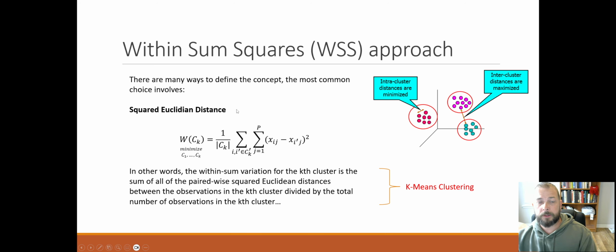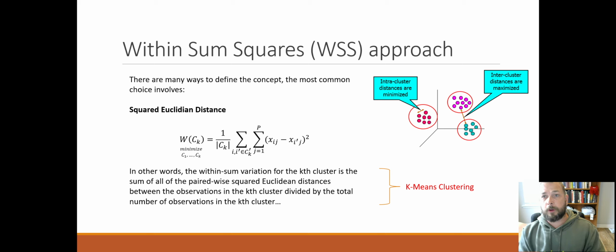There are a lot of different ways to define this concept, but the most common way is looking at the squared Euclidean distance. This is the equation for the squared Euclidean distance. In other words, the within-cluster variation for each cluster is the sum of all the pairwise squared Euclidean distances between the observations, divided by the total number of observations in the cluster.